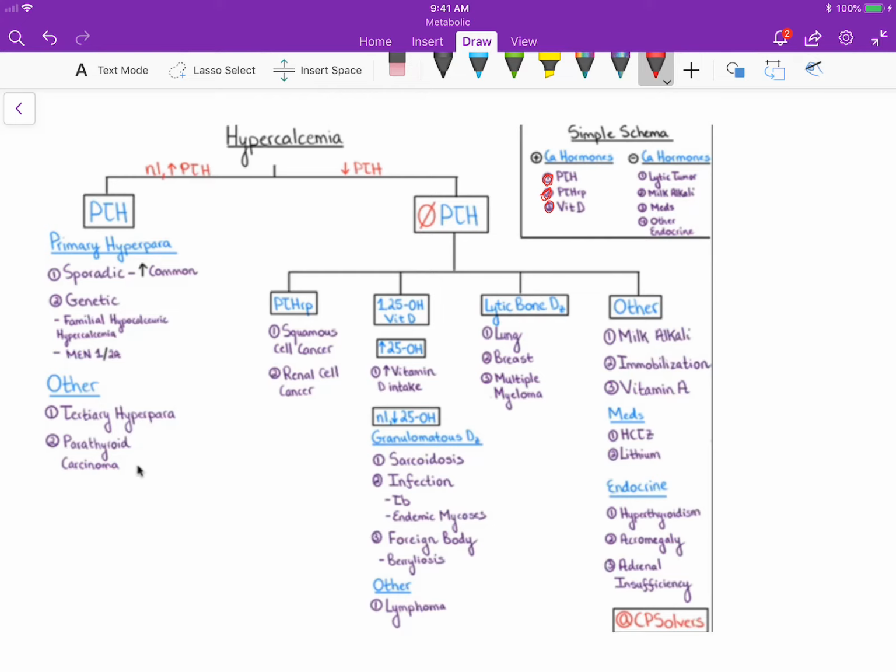All right. So a very, very important point to note is that when checking a PTH, if the patient's PTH is normal, if it's normal, this is pathologic. Okay. Patients should have a suppressed PTH.